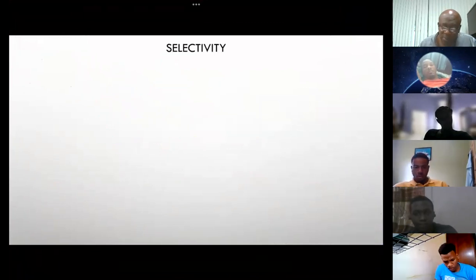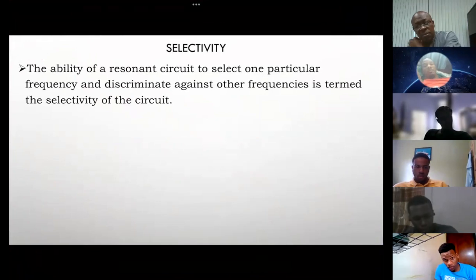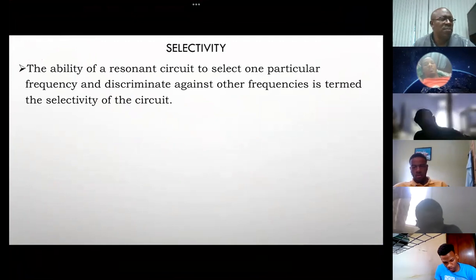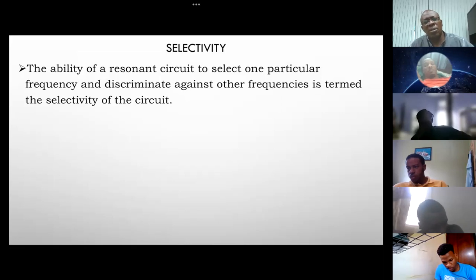Okay, so we wrap up this afternoon talking about selectivity. I mentioned it earlier because I was talking about the radio station. When you're on a particular frequency, that is the resonant frequency for the station.